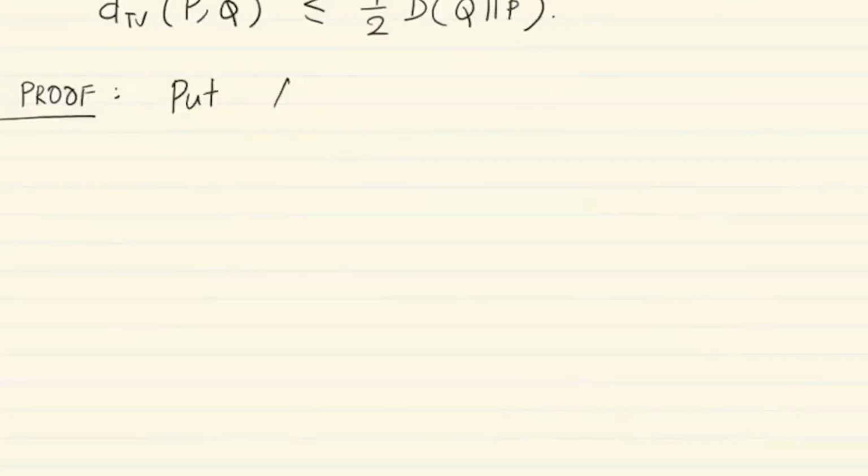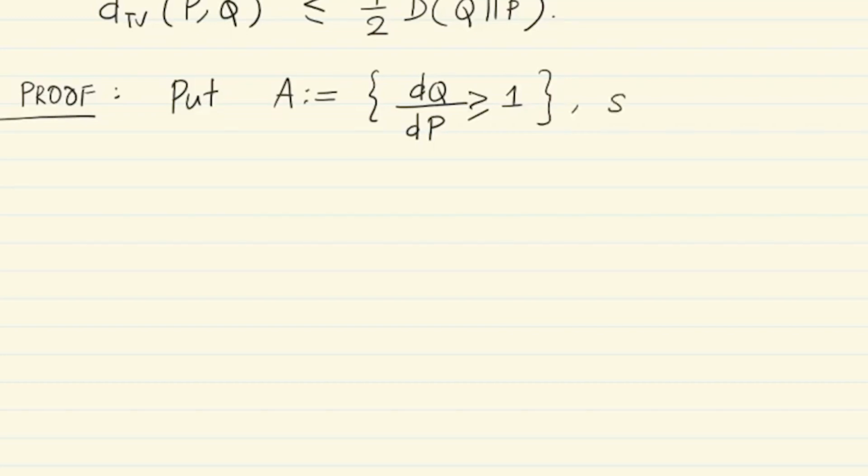Let's define A as the set where dq/dp, the Radon-Nikodym derivative of q with respect to p, is larger than or equal to 1. In the discrete case, A is just the set of all elements whose q probability is at least the p probability.